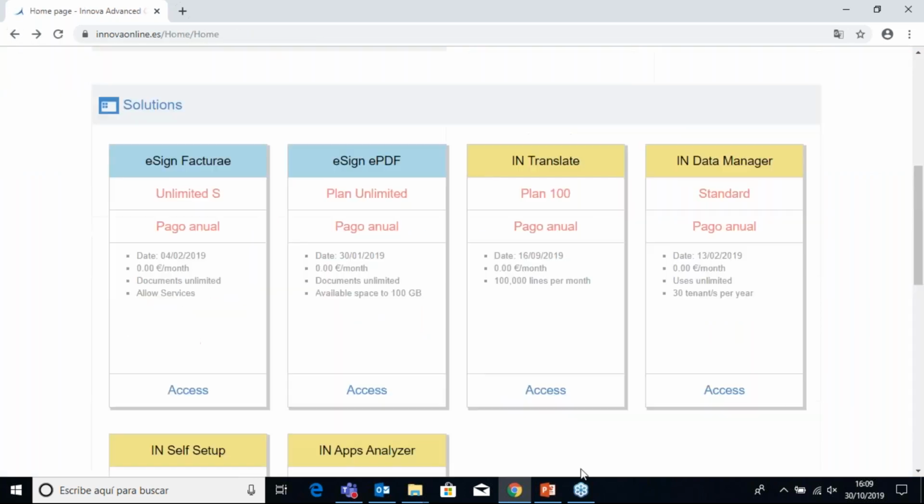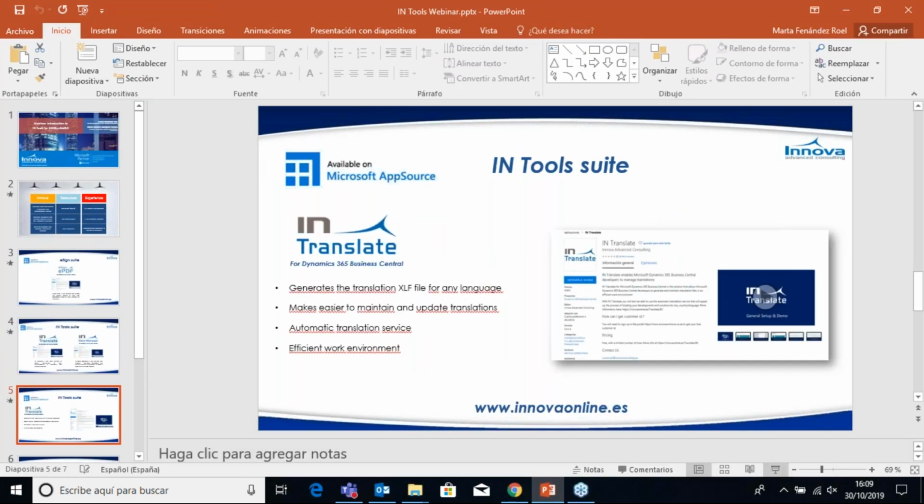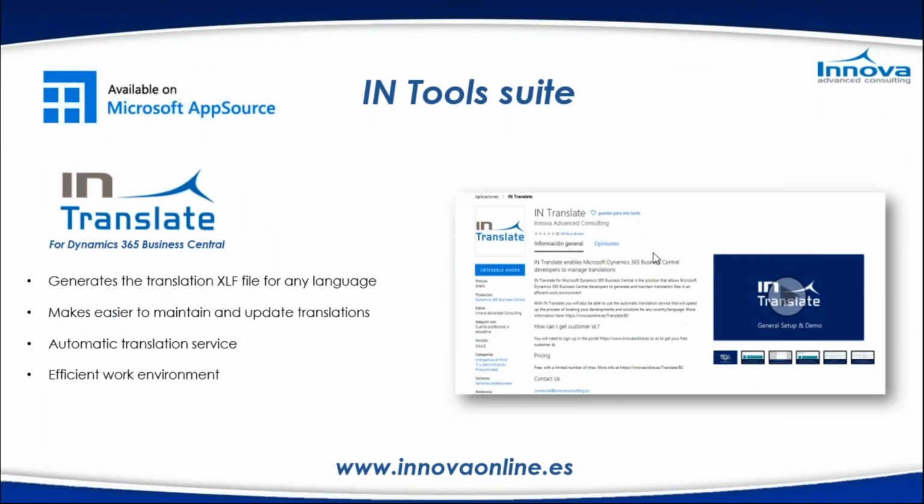So now we are going to see the first solution, which is InTranslate. InTranslate is the solution that generates the translation XLF file for any language. We're going to talk about this kind of file in the demo.